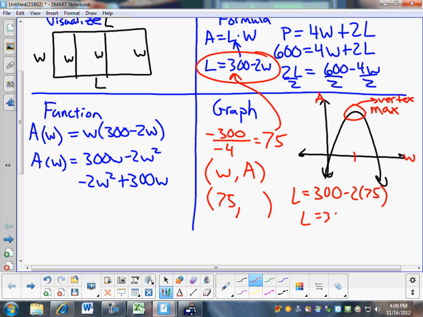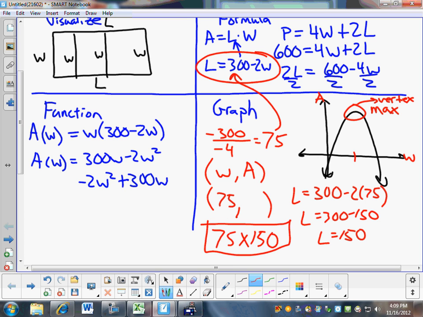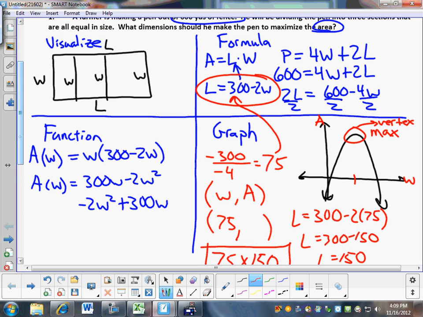So length is equal to 300 minus 150, so length is equal to 150. So 75 by 150, the width and the length. There you have it. So my 4 boxes, VFFG, visualize, formula, function, graph. That's what we do. Let's try another one.